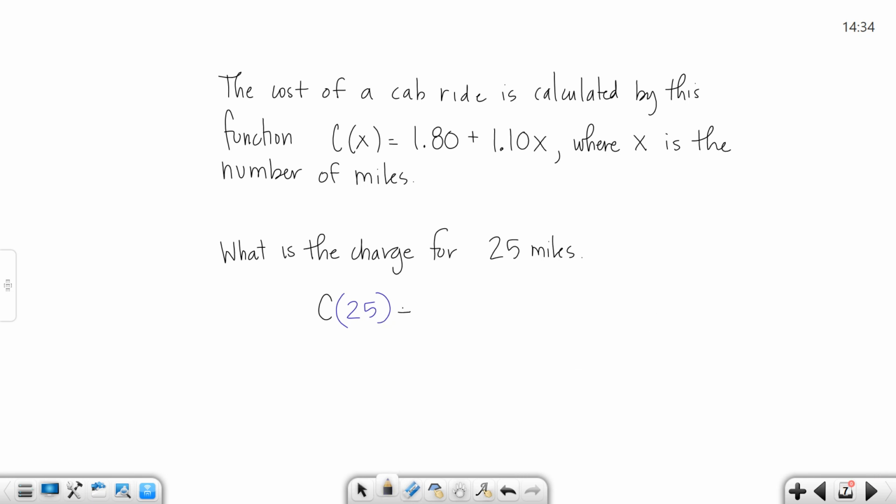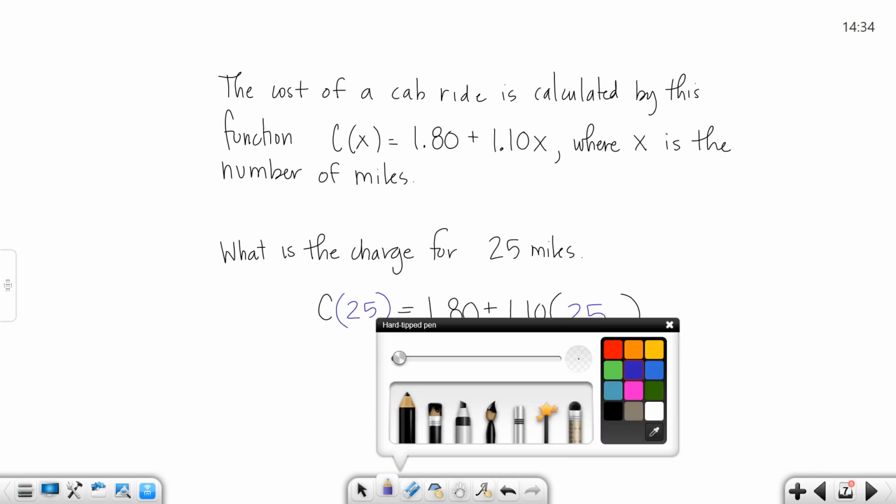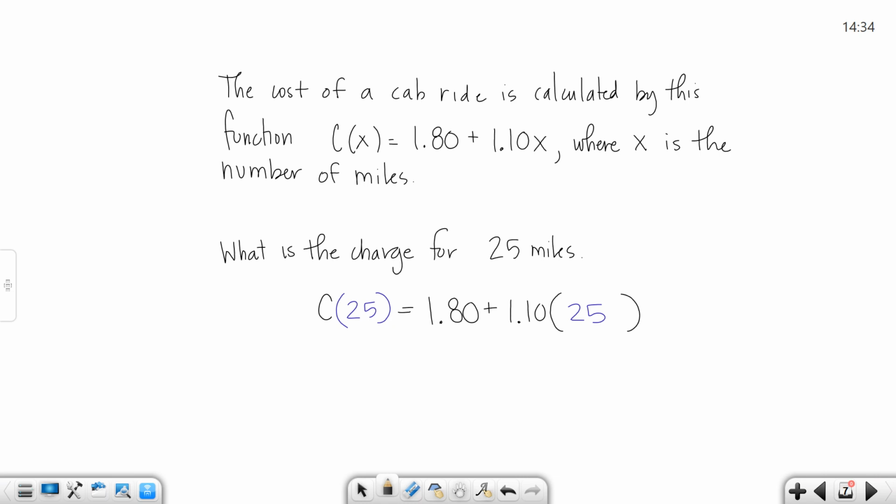So everywhere you see an x, you're going to put 25. So when we work this out using our please excuse my dear Aunt Sally, you're going to do multiplication first.